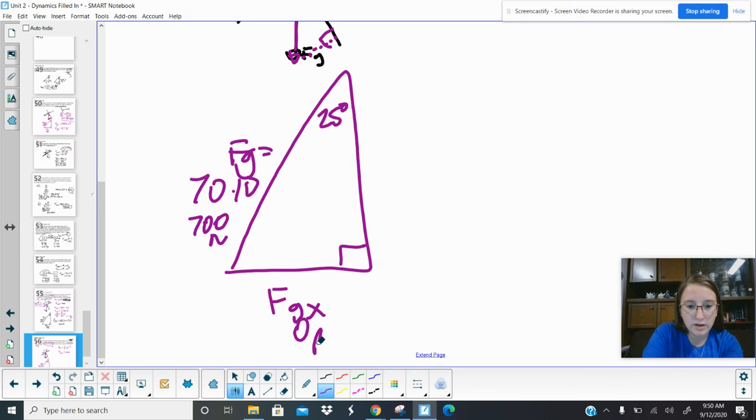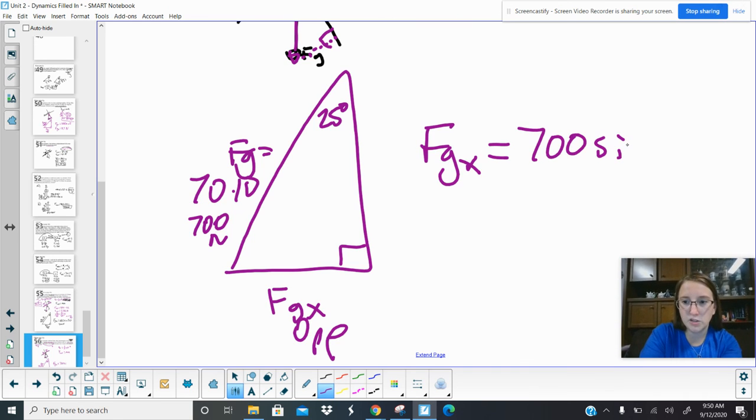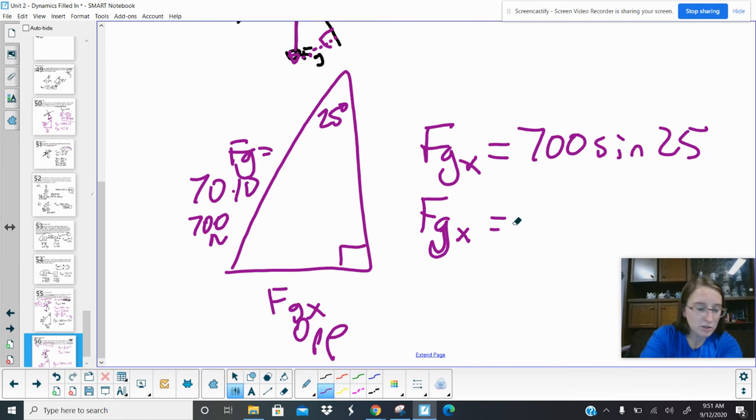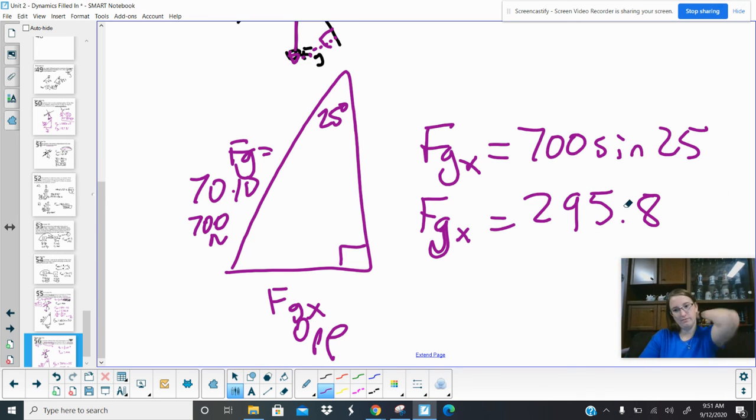Once again, x component is opposite. 700 times sine 25. The x component of gravity in this case is going to be 295.8. Sure, why not? I lied.